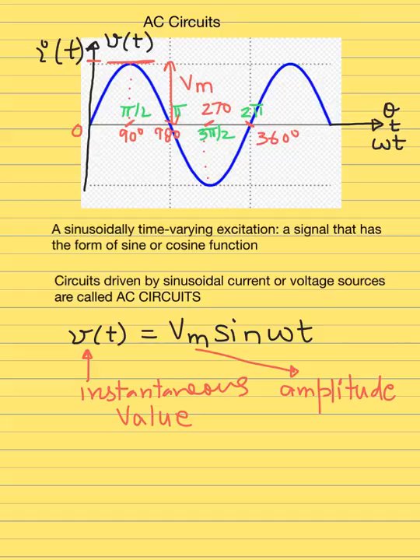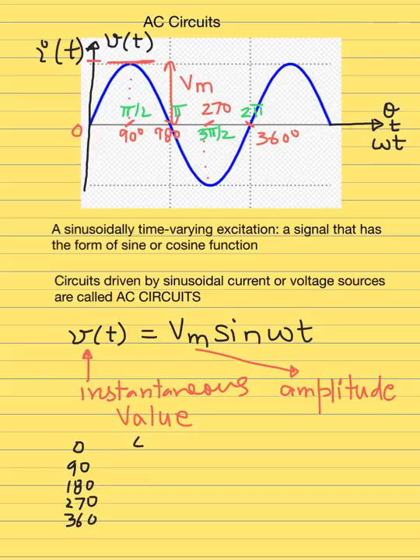And when you look at the variation of this graph, here is the angle in degrees, which we write as 0 degrees, 90 degrees, 180 degrees, 270 degrees, 360 degrees.